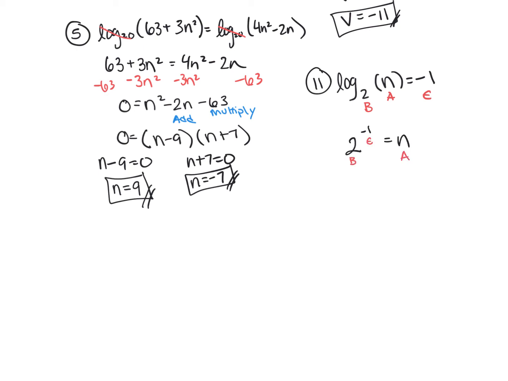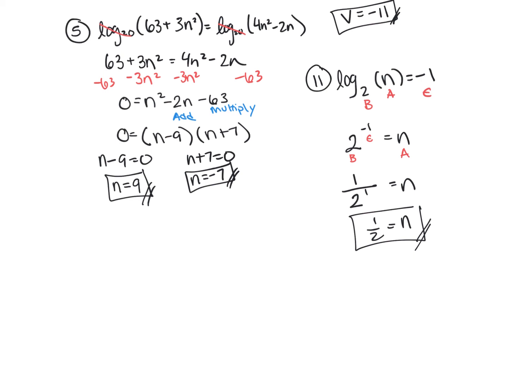Now we have a negative exponent here. I don't want that as part of my answer. So I think, well, what was my negative exponent rule? I'm going to bring this down to the denominator of a fraction and make that exponent positive. So overall, our answer is n is equal to 1/2. Again, you cannot forget your exponent rules just because we're in a slightly different unit.